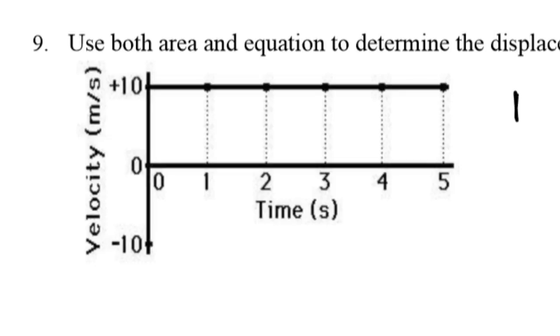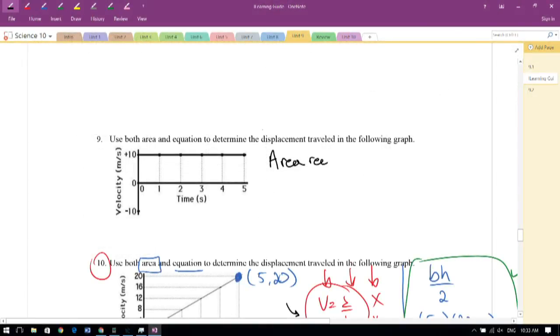If I had the area of a rectangle, that's going to be length times width. So let's call from here to here length, and from here to here width. So my length in this case is going to be in seconds, and my width, just bear with me here, my width is in meters per second.